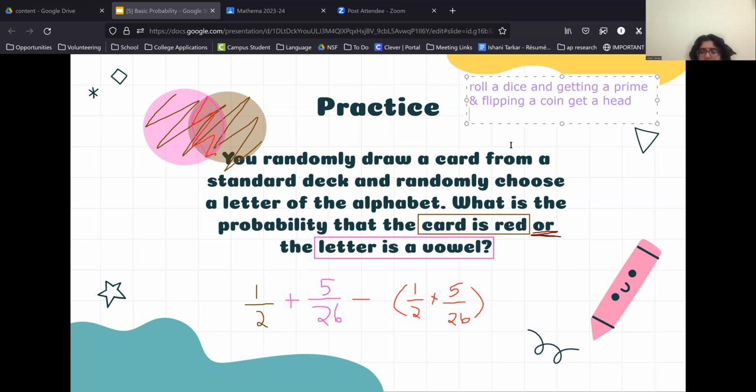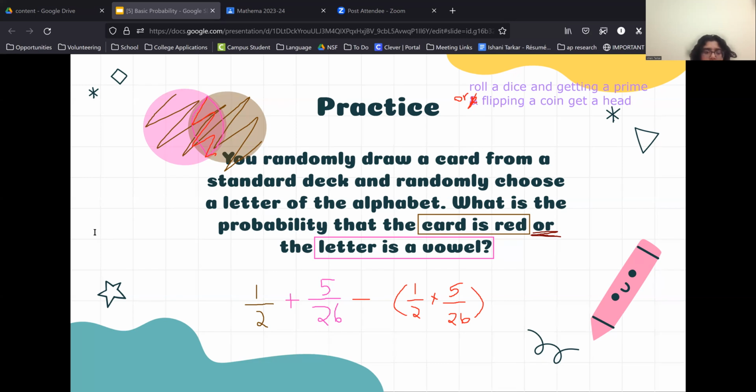Okay, so say that we are looking at a case where we want to roll the dice and get a prime or flip a coin and get a head, right? Not and. We want to look at or, right?